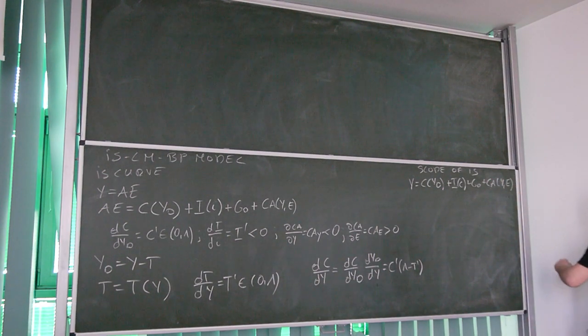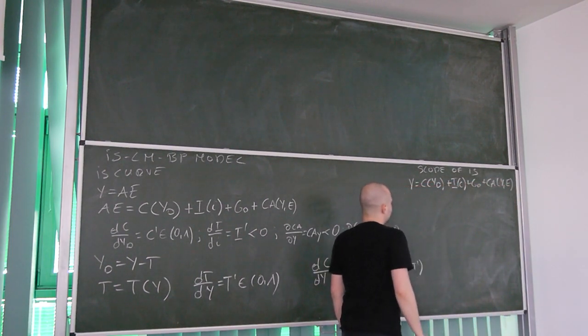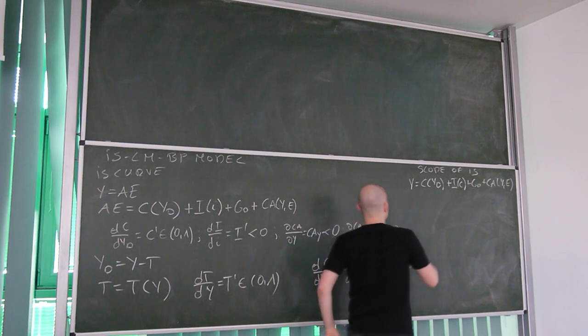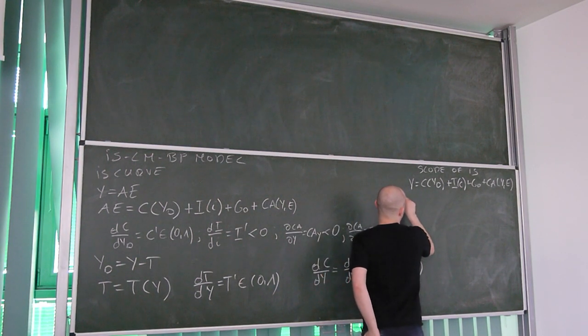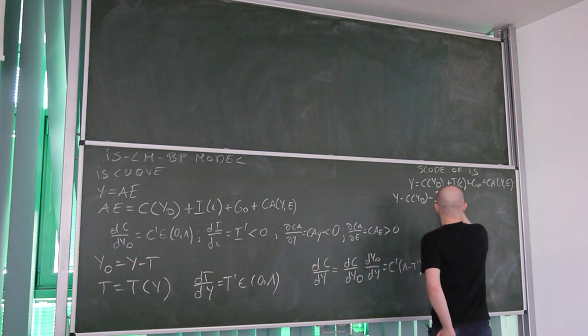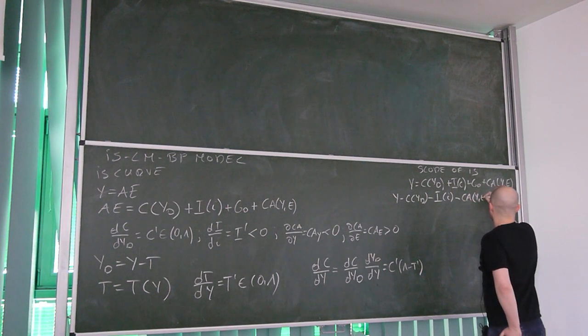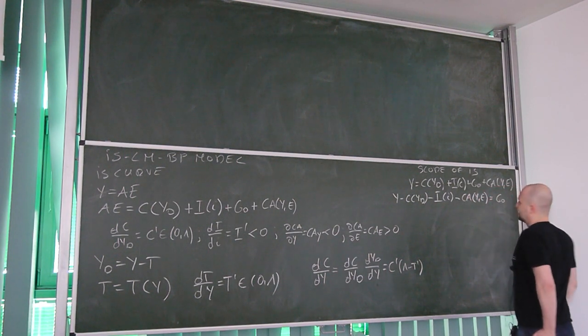Let's move all the expressions with endogenous variables to the left-hand side. So we've got Y minus C(Yd) minus I minus CA(Y, E) equals G0.